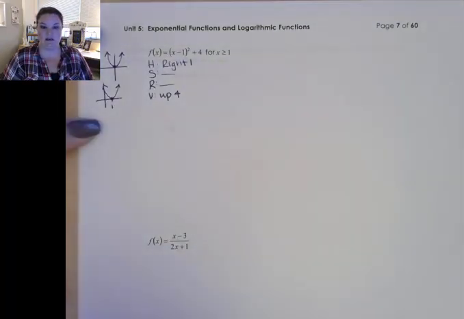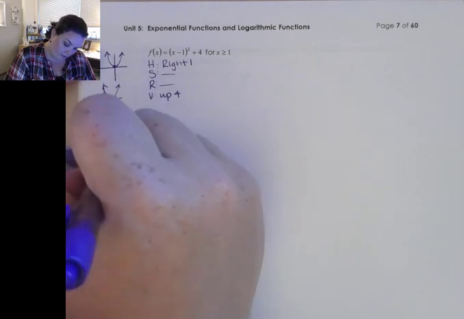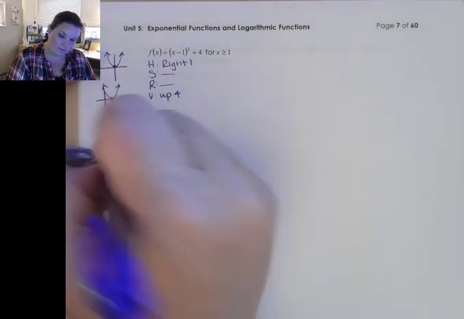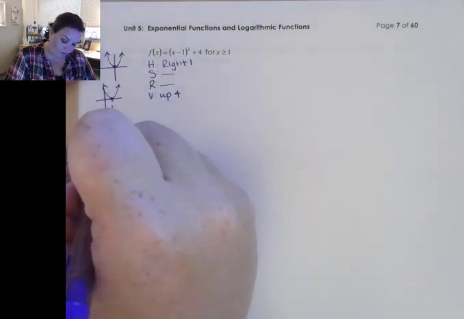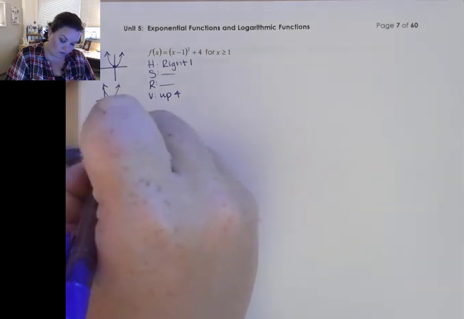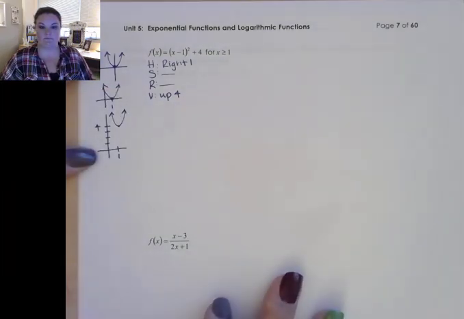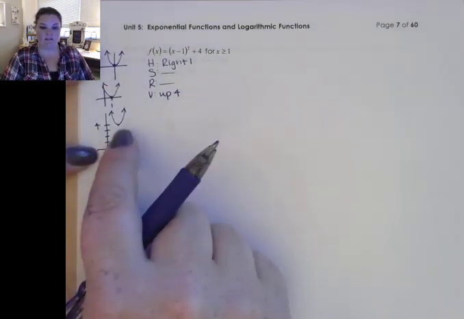It's going to look something like that. And then we're going to move it up 4. So now vertex is still going to be lined up at 1, but we're going to go 1, 2, 3, 4, up 4, and our vertex will be going up from there. Okay? So this is what it looks like.